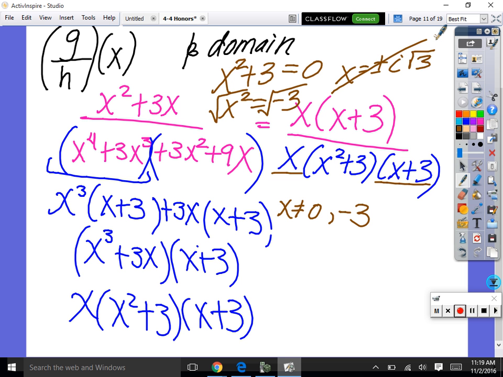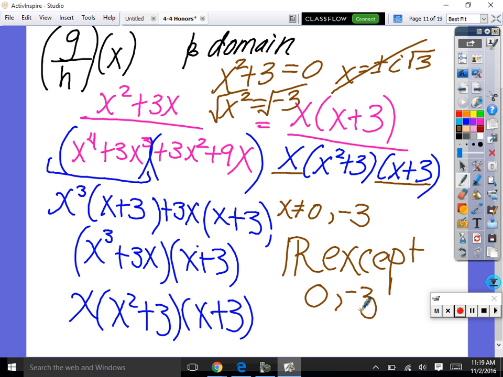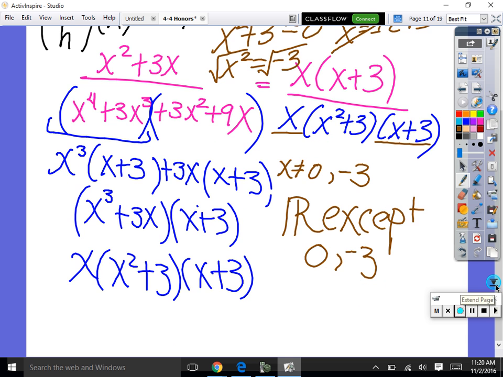So our domain will be all real numbers except 0 and -3. Yeah, we can talk about interval notation with that. So you guys, how would you think we would do it?